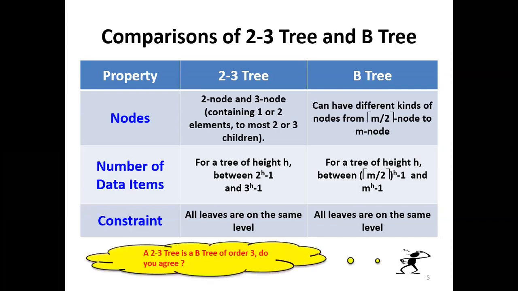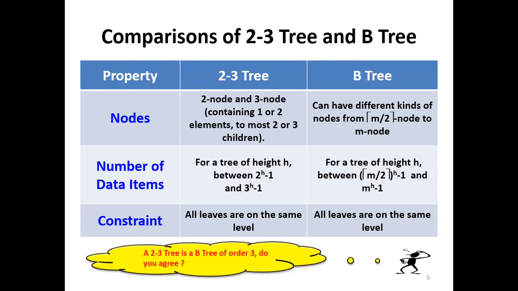Now, if we say that a 2-3 tree is a B tree of order 3, do you really agree? Do you agree on that? You can think about that and relate to the structure.